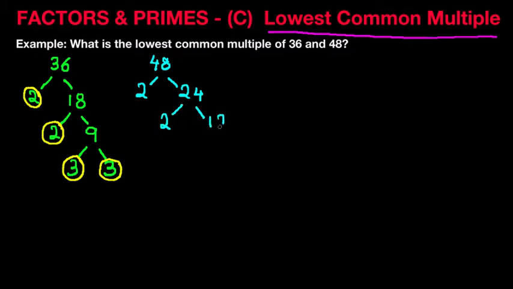That gives us 12. 12 divided by 2 again gives us 6. 6 divided by 2 is 3, which is also a prime number. So we have now worked out all the prime factors for number 48.